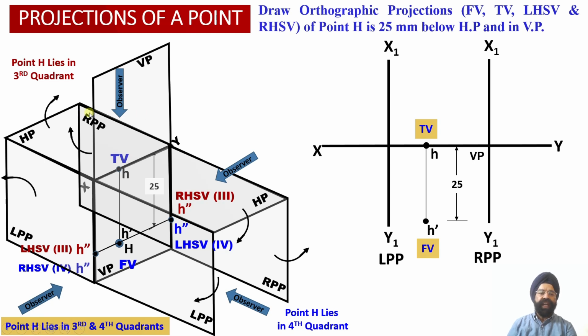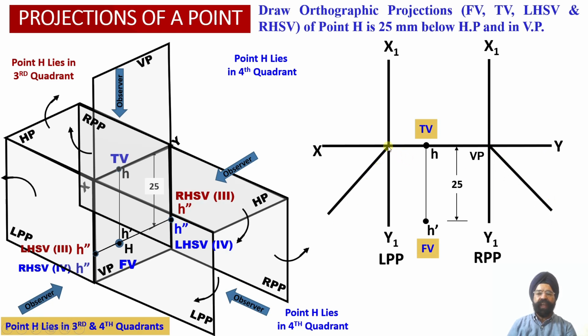So now let us obtain the side view orthographic projections of this particular point H. To begin with, assume that this point H lies into the fourth quadrant. In order to obtain the profile view projections, we have to draw two transfer lines over here.